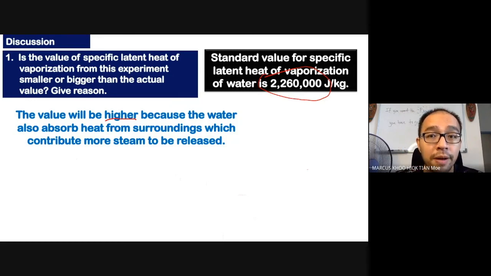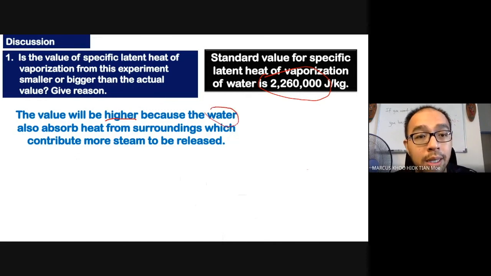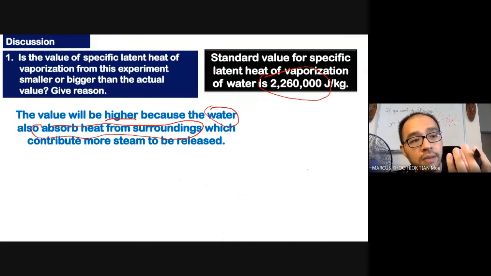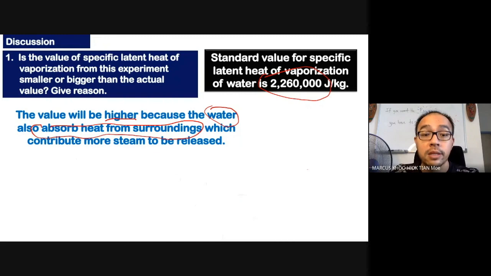We will get a slightly higher value because, again, the water absorbs heat from the surroundings. So it is not just receiving the heat from the heater itself.